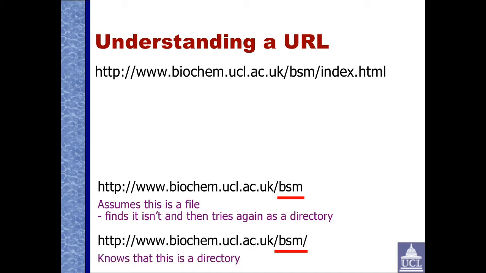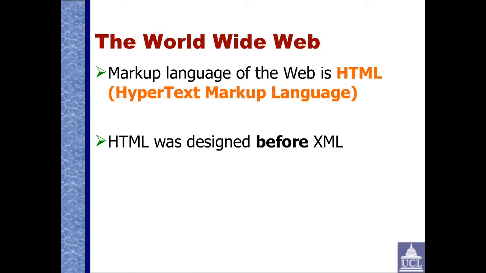And if you did it this way, putting the slash on the end, it would know that it is indeed a directory. And when you specify a directory without specifying a file name, then it defaults to looking for something like index.html usually.